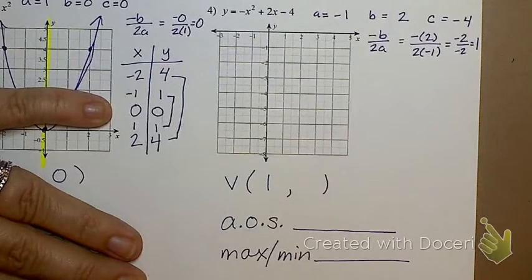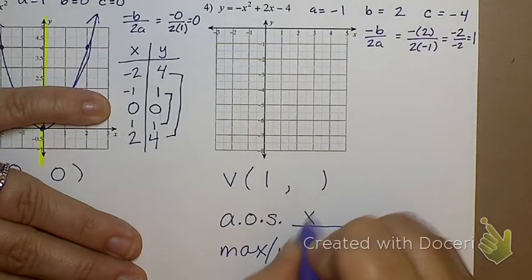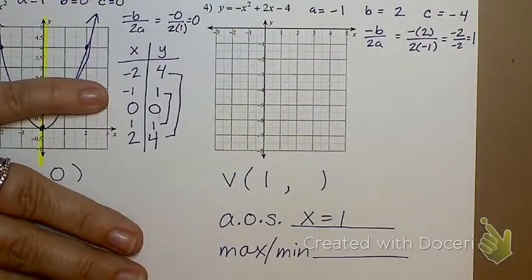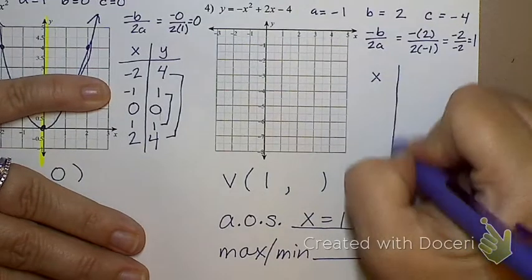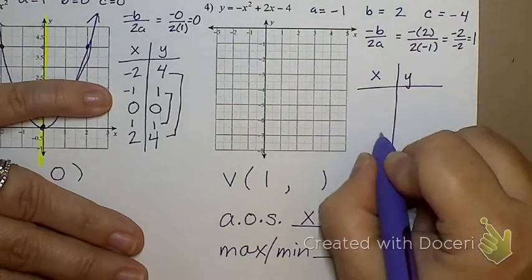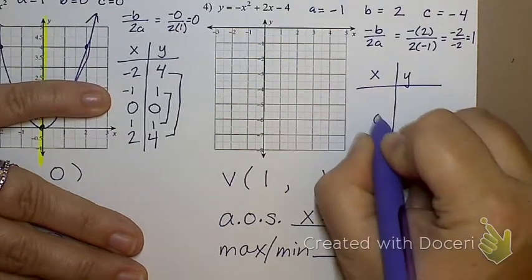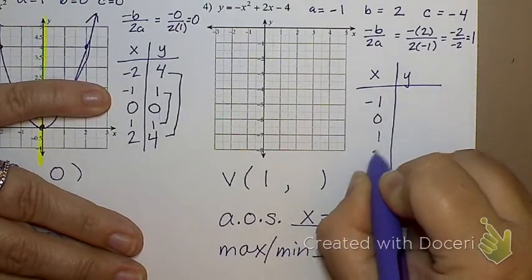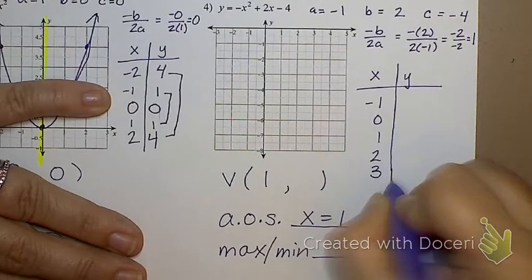So the x value of my vertex is 1, and my axis of symmetry is x equals 1. Where does the 1 go on my xy chart? In the middle. Fill in some numbers around, so 0 and -1, and then 2 and 3.